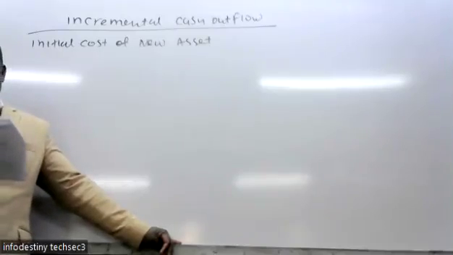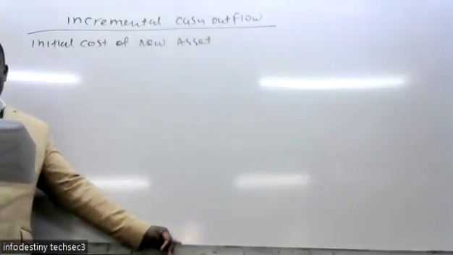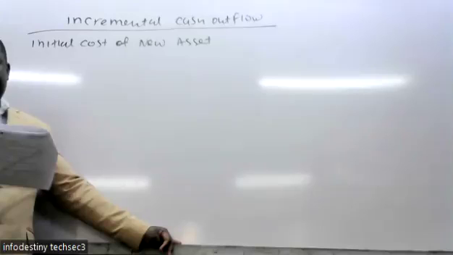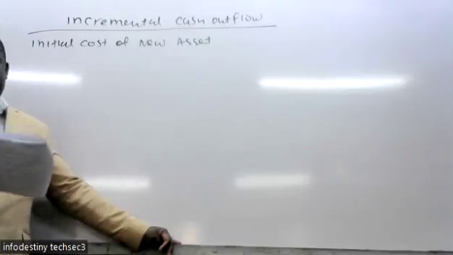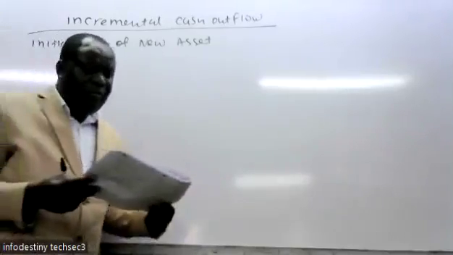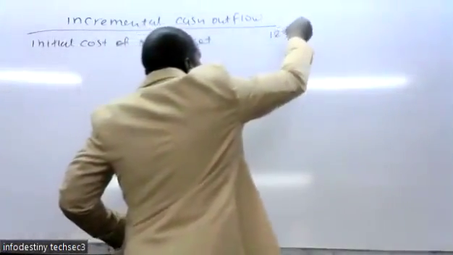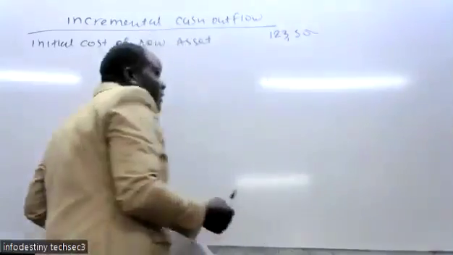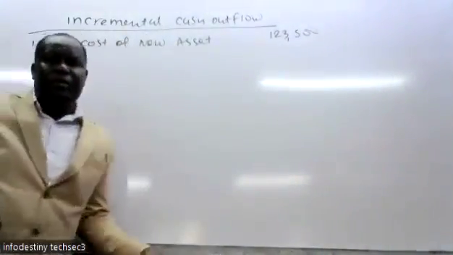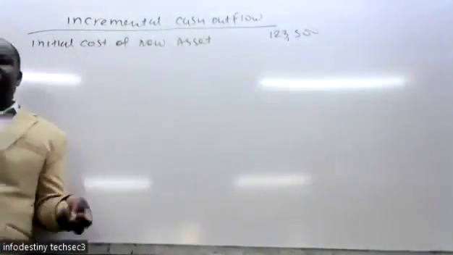They have said that Bram Limited is considering acquisition of the advanced model, which was to cost 123,500, including the installation cost. So that figure is 123,500, and it already includes the installation cost.